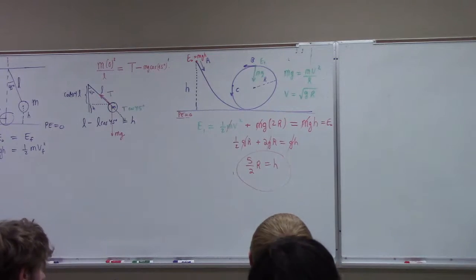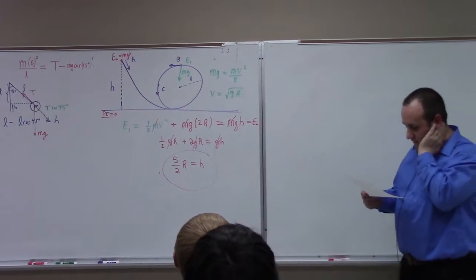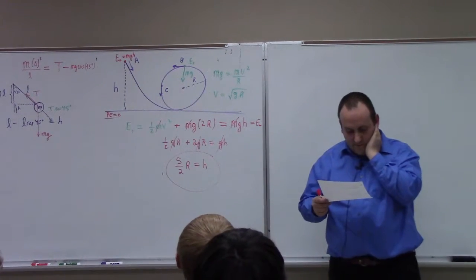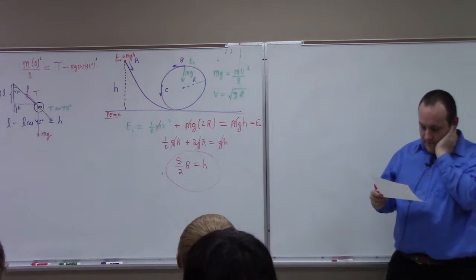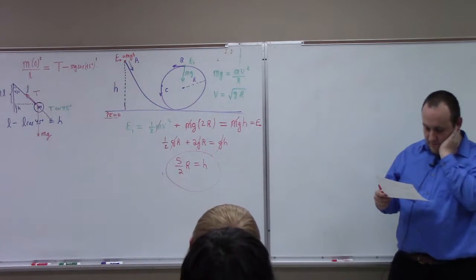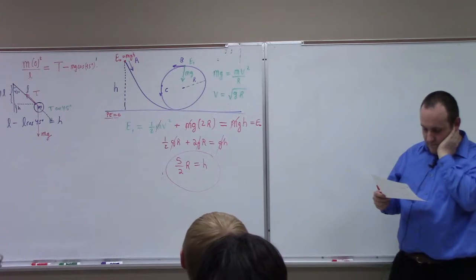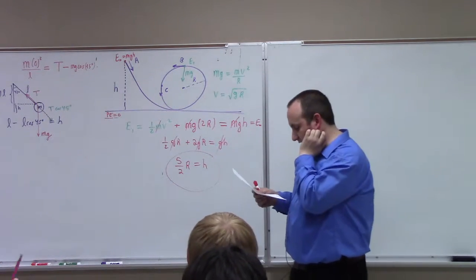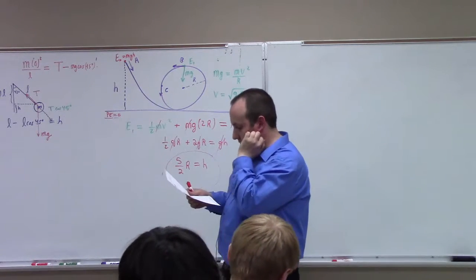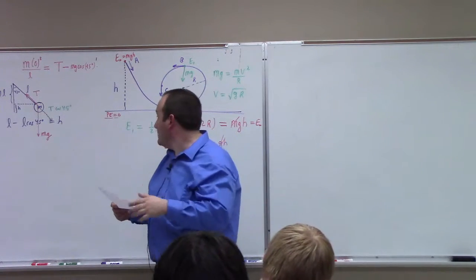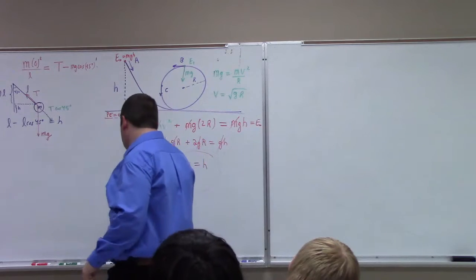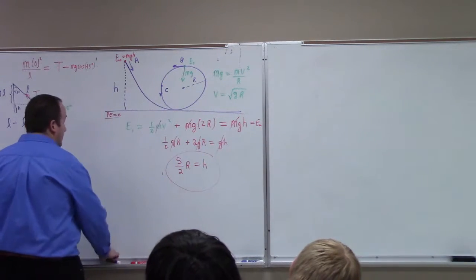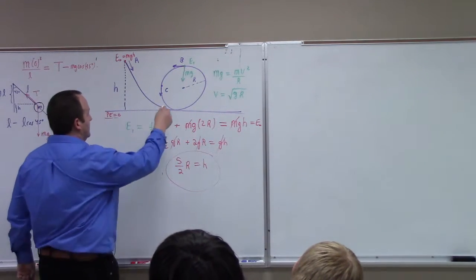It then asks us to compute the radial and tangential acceleration of the passengers when the car is at point C. So we're supposed to find the speed, radial acceleration, and tangential acceleration at C. All right, so we can do that, I suppose, at C.